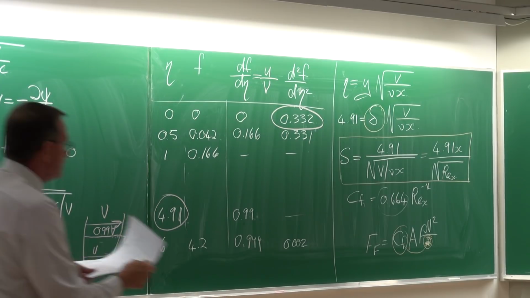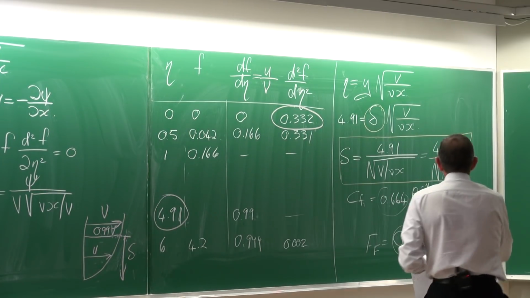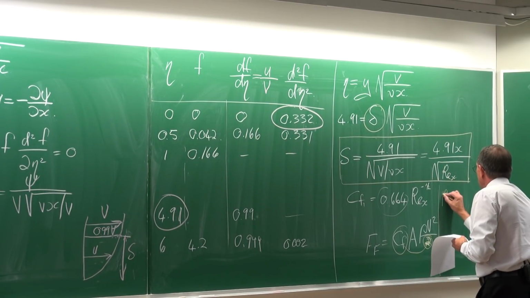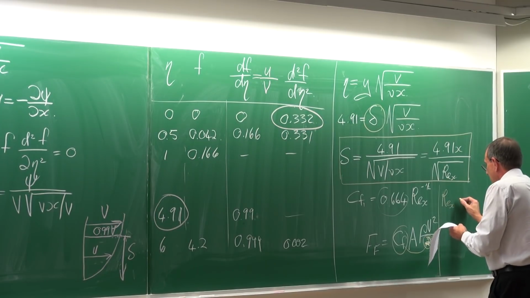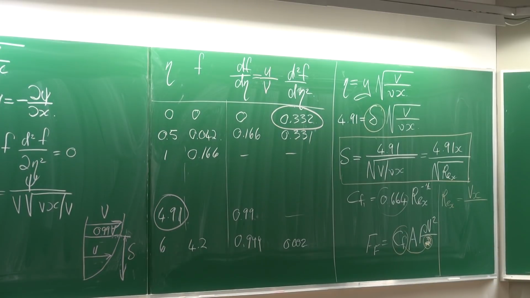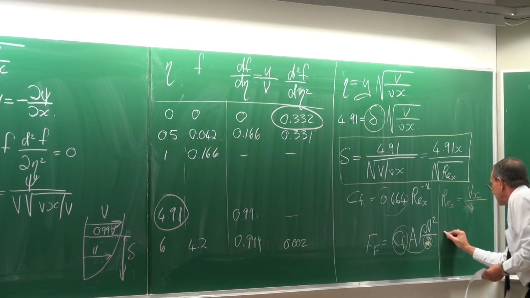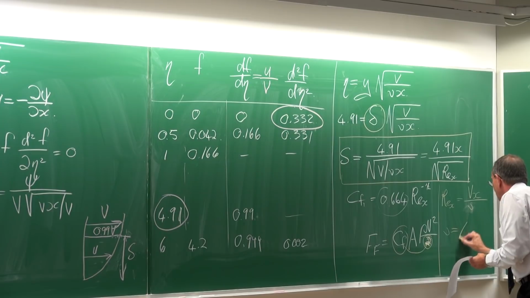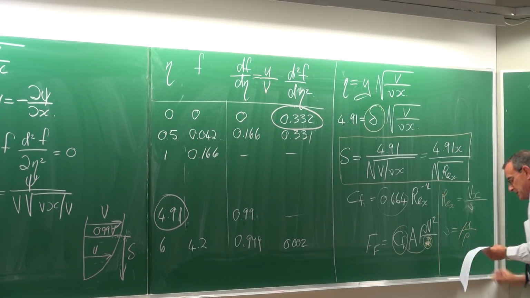Where, just in case you cannot remember, the local Reynolds number is equal to the velocity, the value of x divided by the kinematic viscosity v, where that viscosity is equal to our normal viscosity divided by the density.